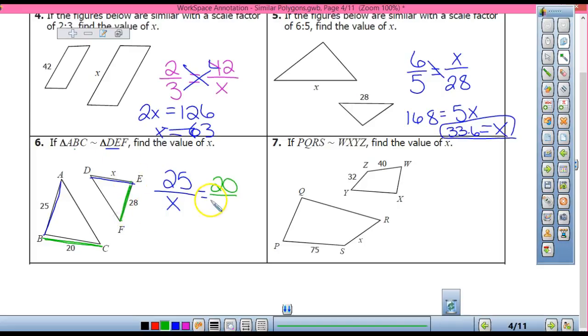So that is 28. Okay. So 25 times 28? 700 even equals 20x. X equals 35. Okay, just be careful what order you're going in.